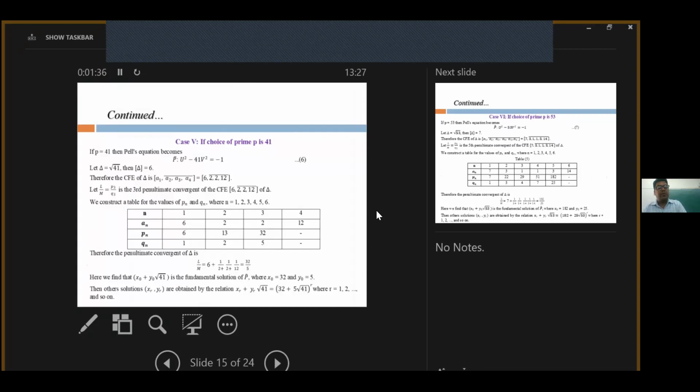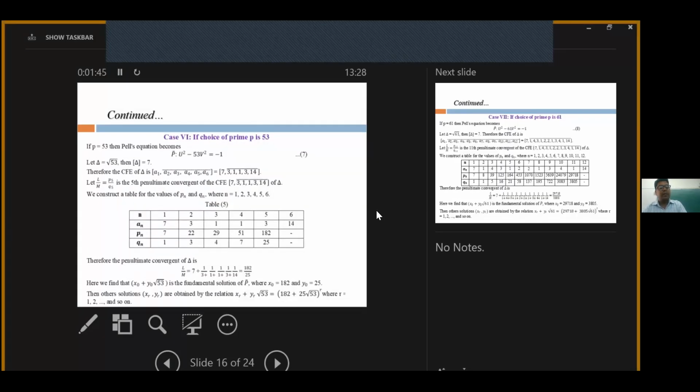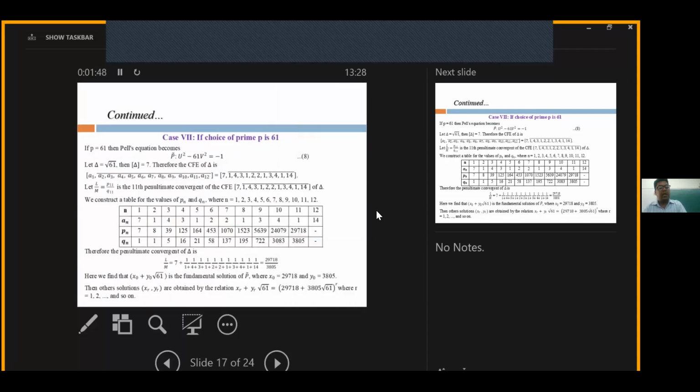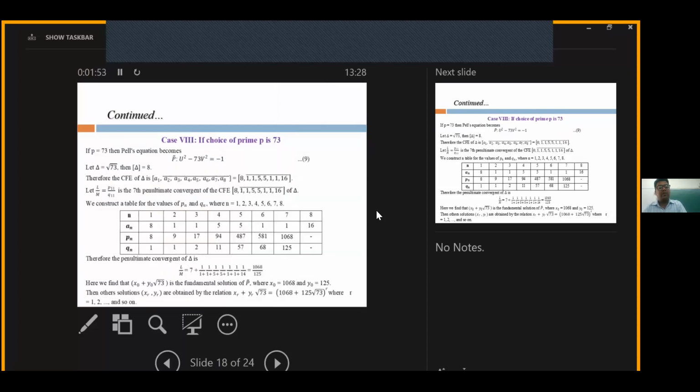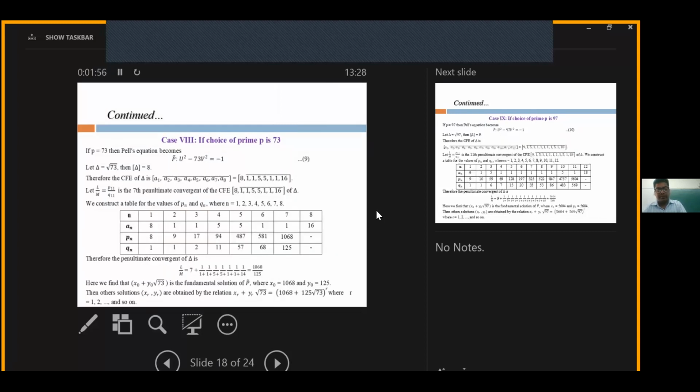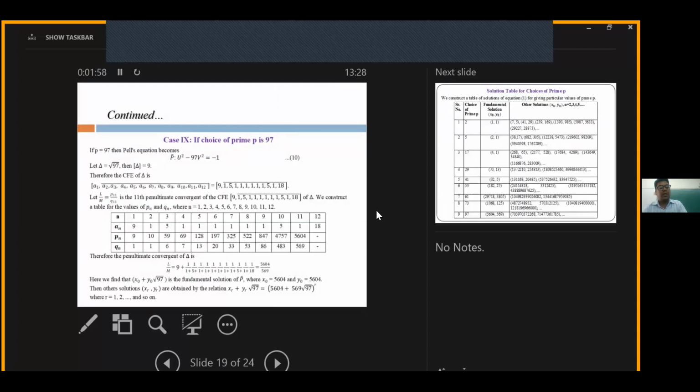And the fifth case, if the choice of prime p is 41. Case 6, if the choice of prime p is 53. Case 7, if the choice of prime p is 61. Case 8, if the choice of prime p is 73. And case 9, if the choice of prime p is 97.